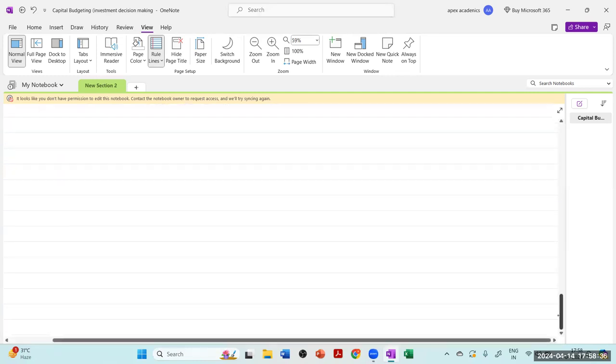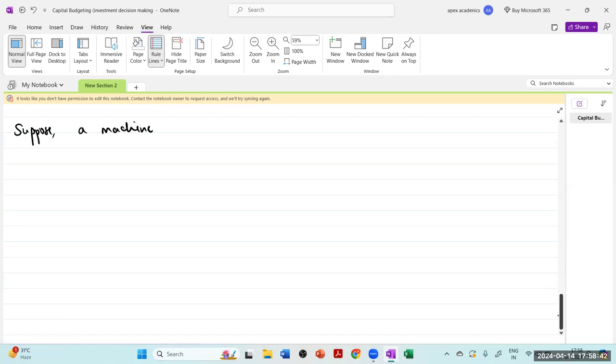Now, suppose a machine helps you generate the following cash flows.